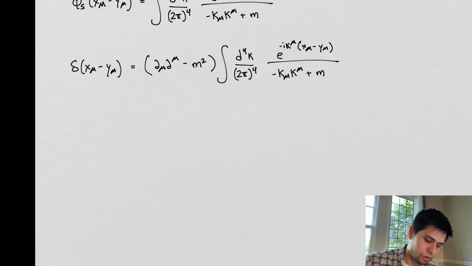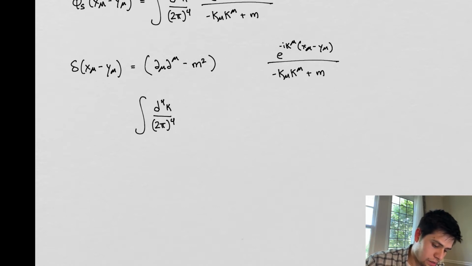So we can move this guy right here inside of the integral. I'm actually just going to move things around here. I'm going to move this guy, and then put this guy inside the integral.